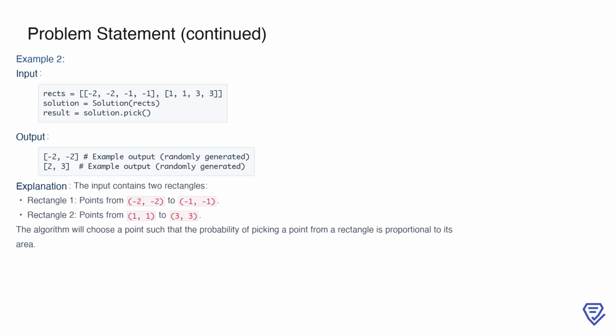When we call the pick method, the algorithm may generate points such as -2, -2 from the first rectangle or 2, 3 from the second. Importantly, the probabilities of selecting points from each rectangle are proportional to their areas. In this case, the second rectangle has a larger area, so points within it are more likely to be picked compared to those in the first rectangle.